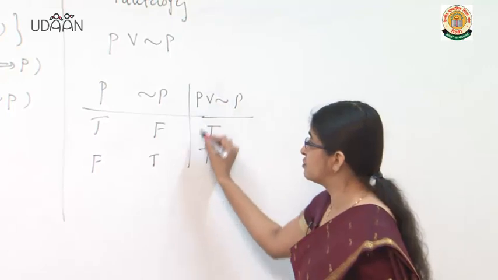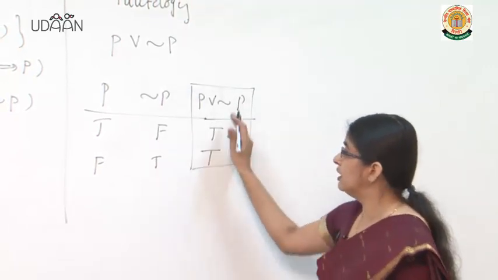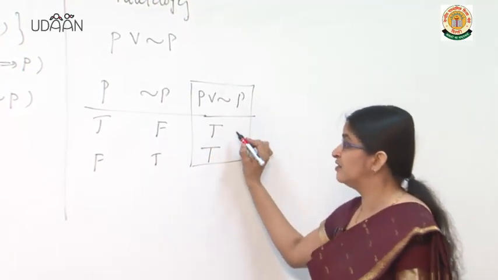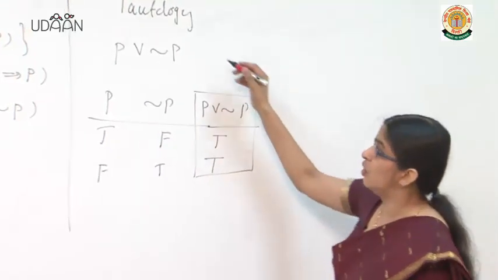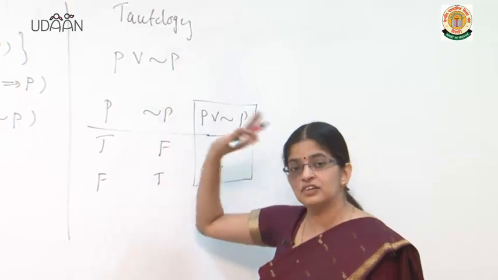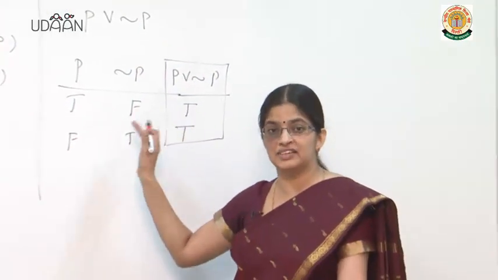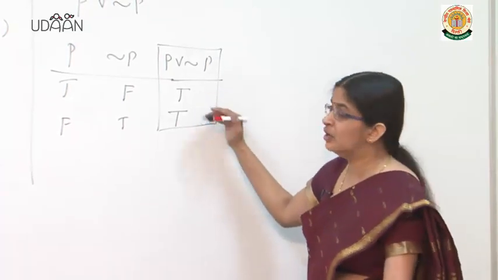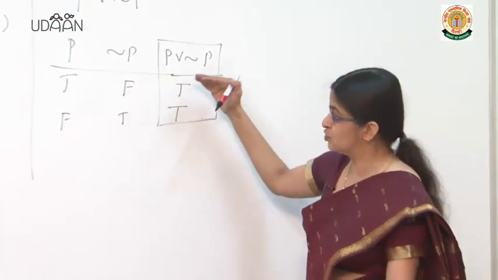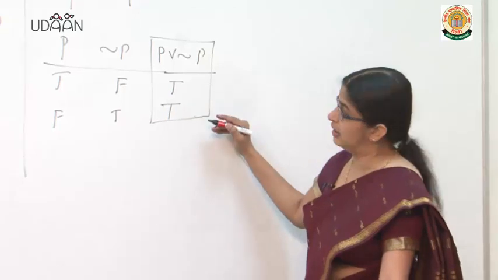Now you see the statement P or negation of P has truth value only T. Such statements are called tautology. So what is a tautology? A tautology is a statement which has truth value T in all the cases.